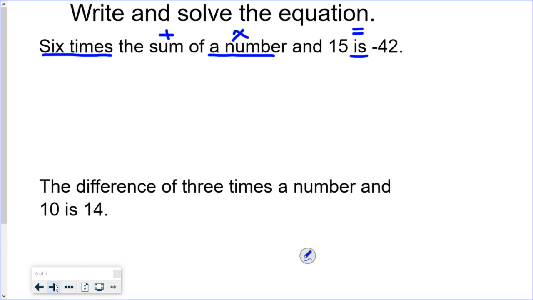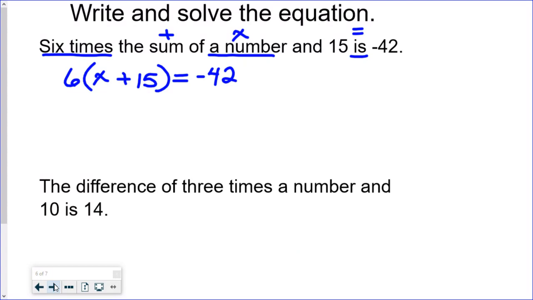It's not just 6 times X and add 15. That's not what it's saying. It's 6 times the sum. So 6 times something I'm going to add together. Well, the sum of a number we don't know, we said X, and 15, and then you see the word is, negative 42. Whew, that was a good one.